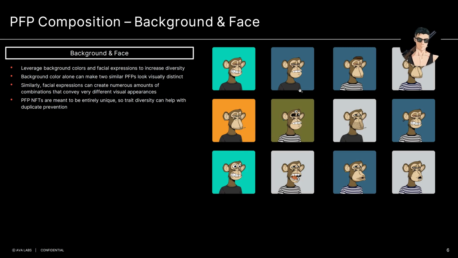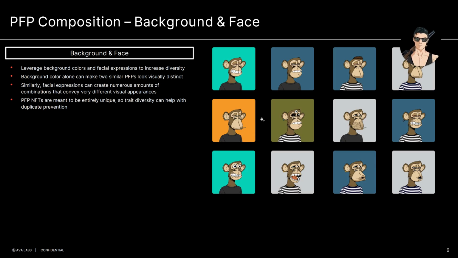So you see these two apes, they're all wearing one of two clothing traits. You have the black tee and you have this striped black and white tee. Besides that, they all look very similar with the exception of the background color and the face traits. So just by changing the eye and the mouth and the background color, these are very small traits, small from the perspective of it.